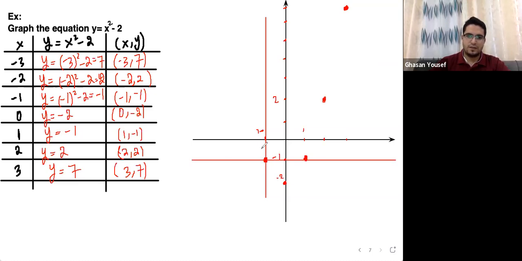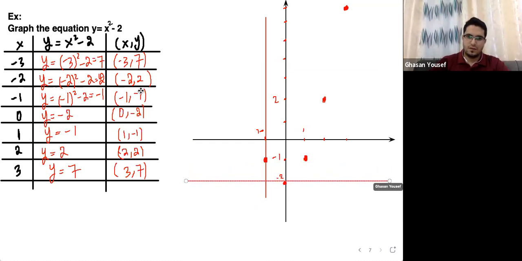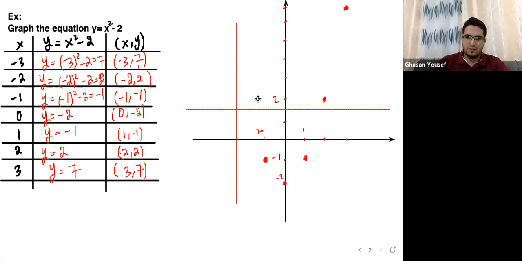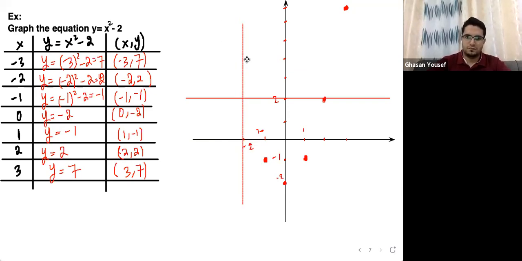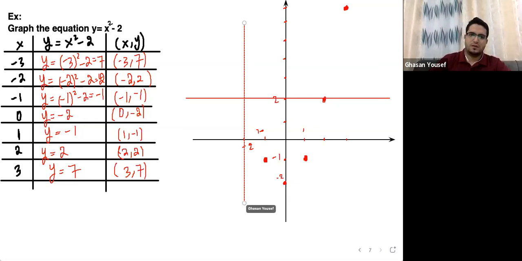Also, we have negative 2 and 2. So this is negative 2 for the x-axis, and the 2 is above here. So the point will be around here.